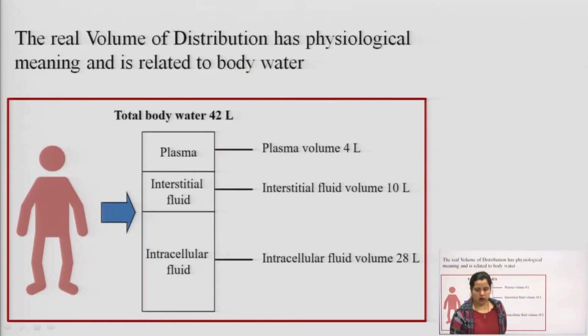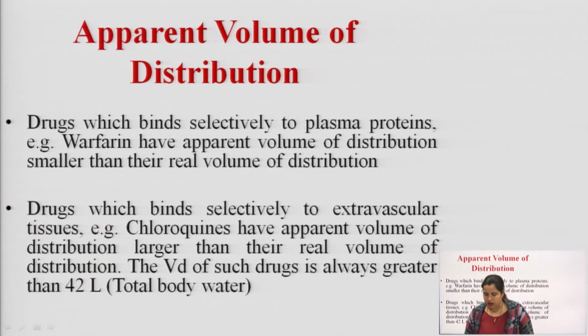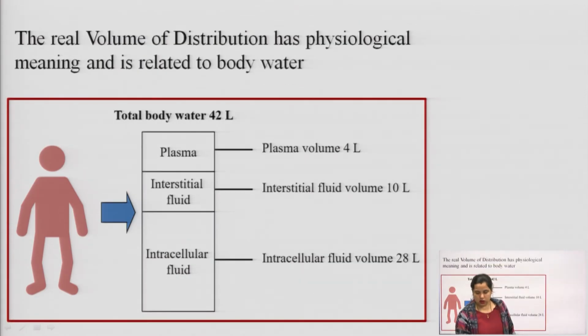Basically, we say apparent because these are real values they have mentioned, but in cases of plasma protein binding, the apparent volume is quite smaller than the real volume, whereas drugs selectively bind to extravascular tissues, basically not to plasma proteins, meaning body tissues.